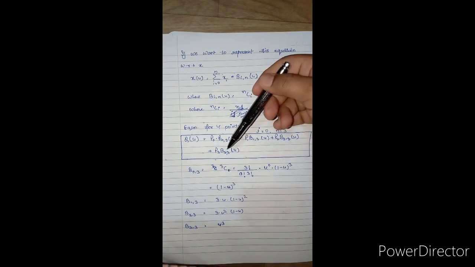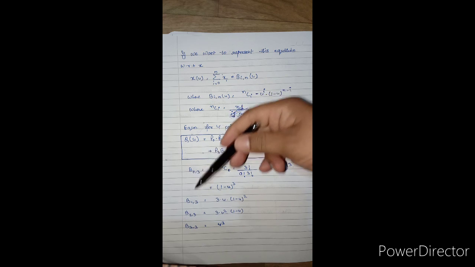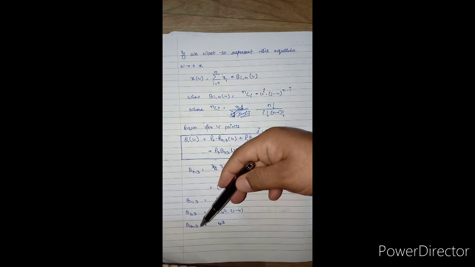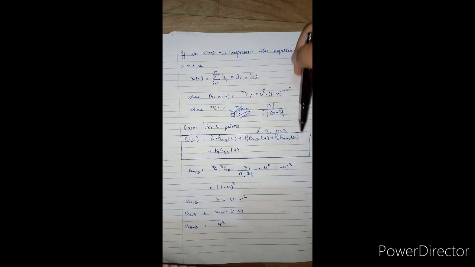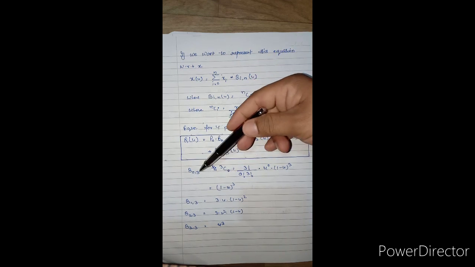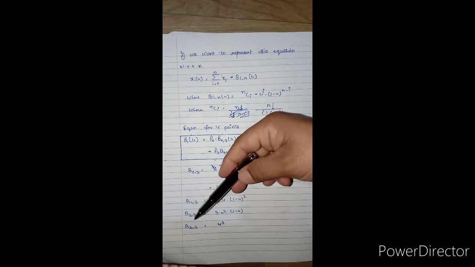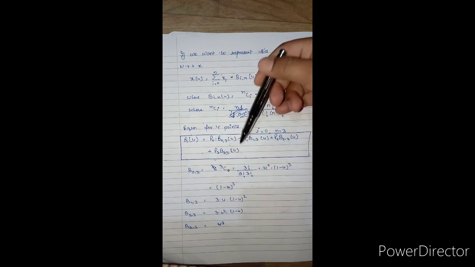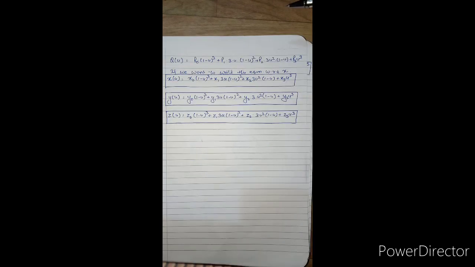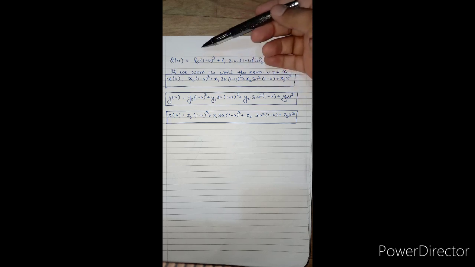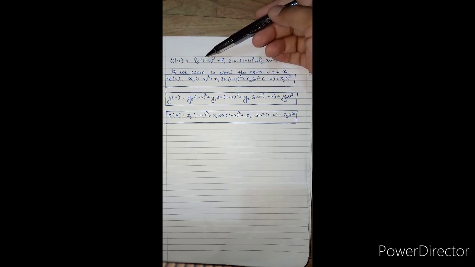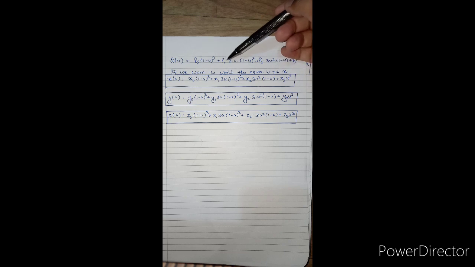Now we will put the values of b03, b13, b23 and b33 in this equation, and after putting these values we will get q of u equal to p0 into 1 minus u cubed plus p1 into 3u into 1 minus u squared.